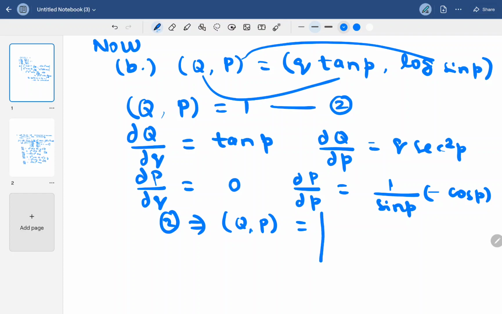Q comma P is nothing but dou Q by dou small q, dou Q by dou small p, dou P by dou small q, dou P by dou small p.